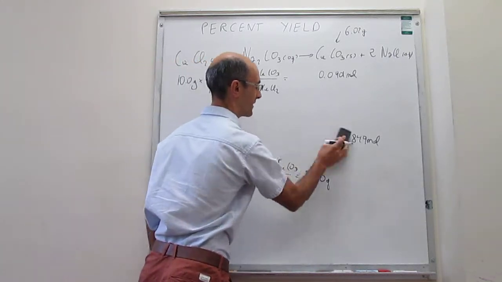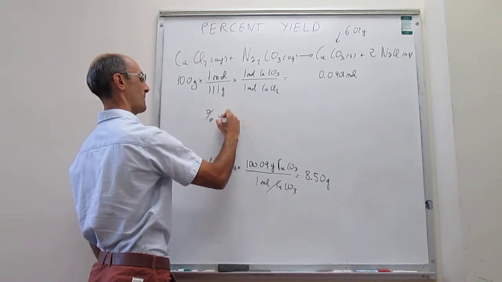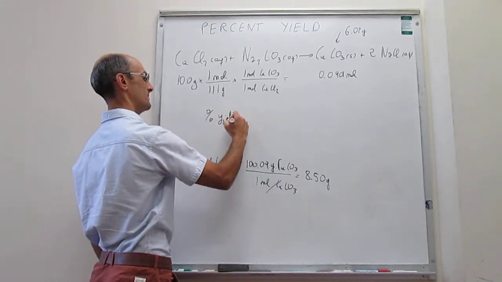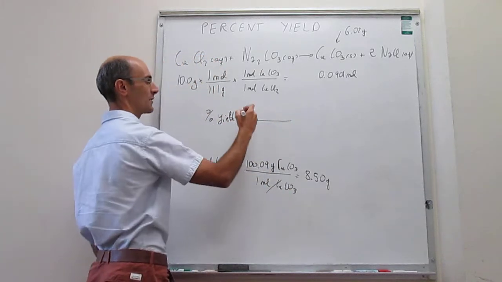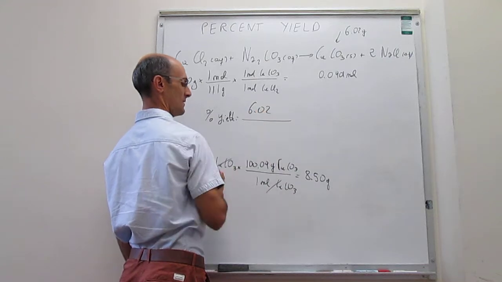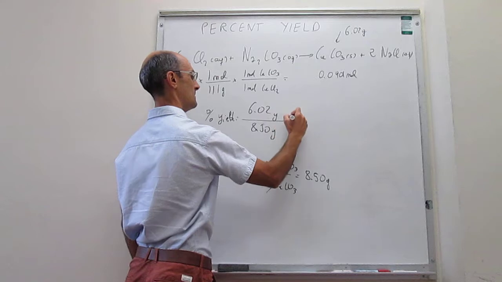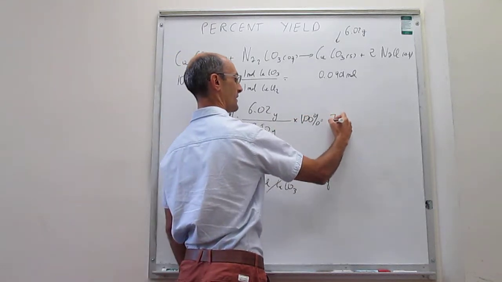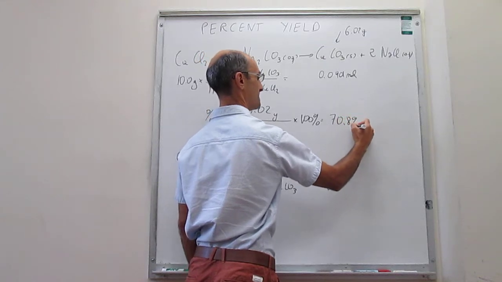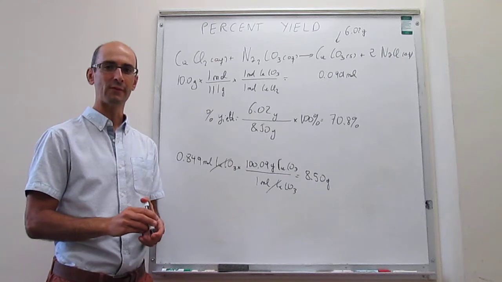The way to calculate it again is the percent yield is the actual yield over the theoretical yield. The actual yield is 6.02 grams. The theoretical yield is 8.50 grams. Multiply by 100% to obtain 17.8%. Okay, so this video has illustrated the concept of the percent yield.